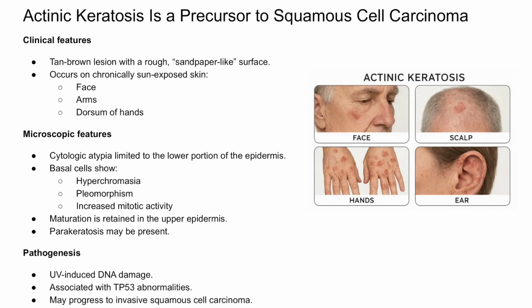Parakeratosis and solar elastosis may also be present. So UV-related DNA damage, including TP53 abnormalities, drives this process.